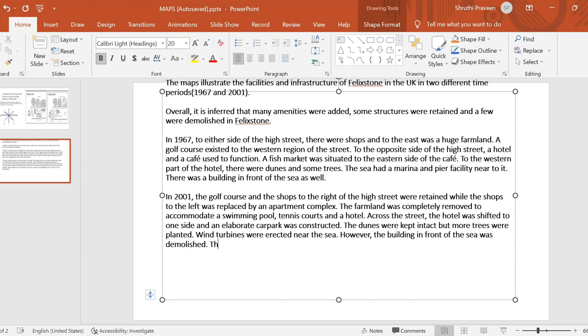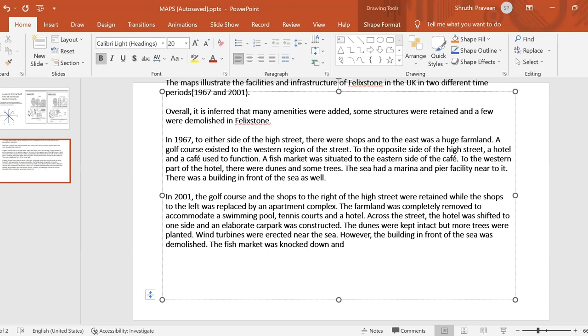What happened? The fish market was also demolished. The fish market was knocked down, I can say, instead of demolished. Don't want to use the same word again and again. So, was knocked down.